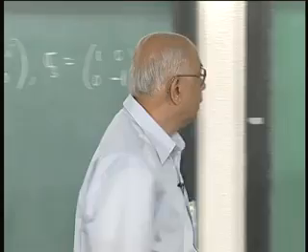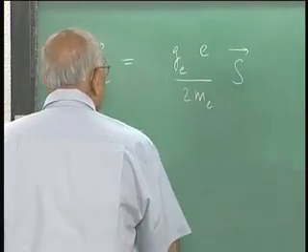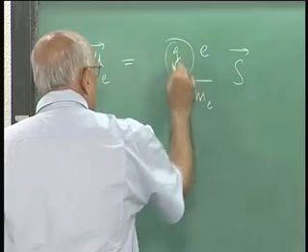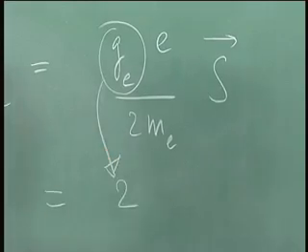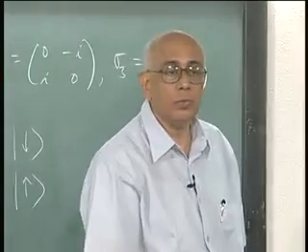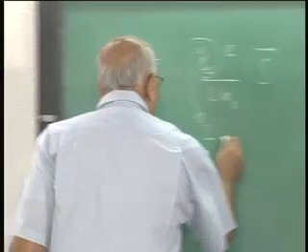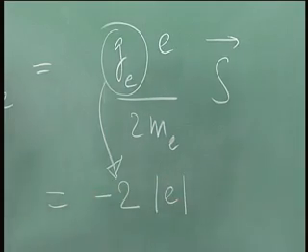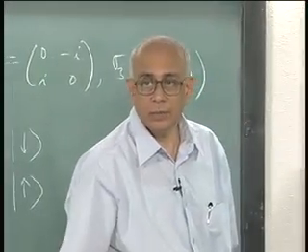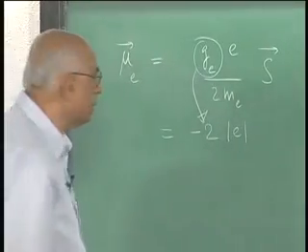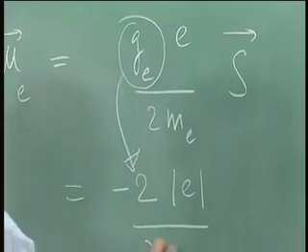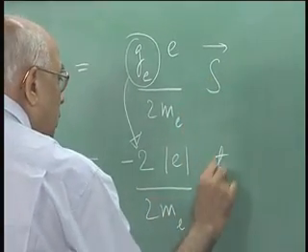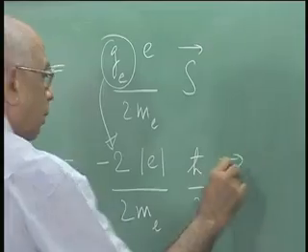But this is equal to g e, which is 2, and now I will explain where this comes from. This turns out to be 2 for the electron, multiplied by the charge of the electron, which is modulus e with a minus sign because the electron is a negative charge. Let us keep track of all the factors here, divided by twice the mass of the electron, and the spin of the electron is h cross over 2 times sigma.